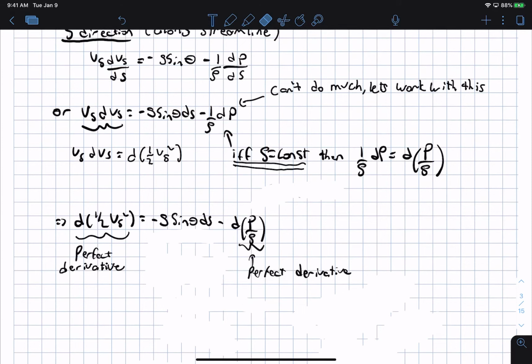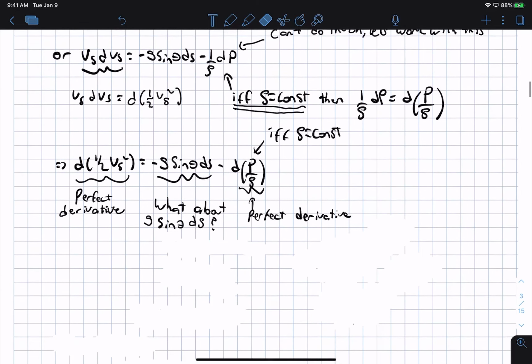And I'm going to reiterate that is only if the density is constant. But now we have a little bit of an issue: what do we do with this term here? What do we do about g sine theta ds?